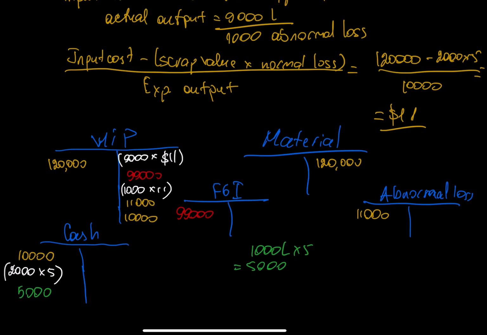So that's going to be a 5,000 debit to cash, and credit to abnormal loss. Once we sell the 1,000 liters of the abnormal loss, we will end up with a balance of $6,000 in abnormal loss. So this is how it's going to work out.